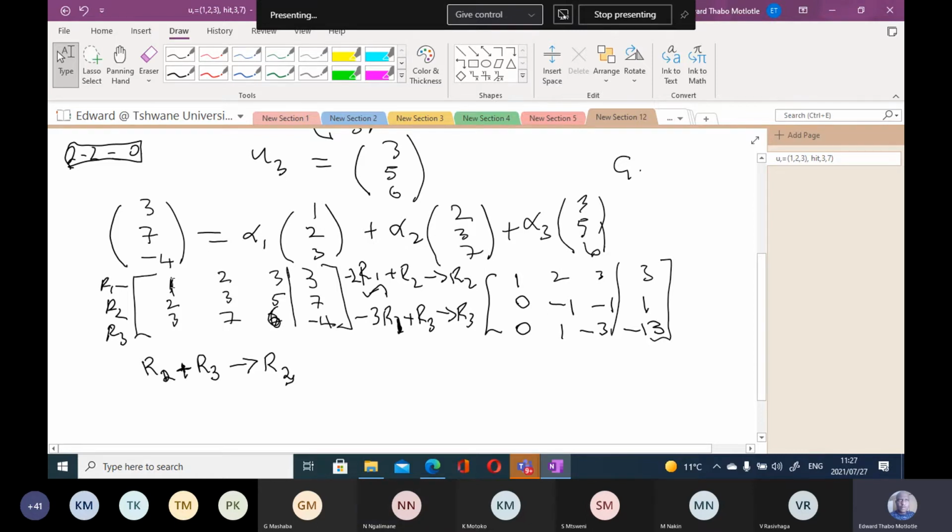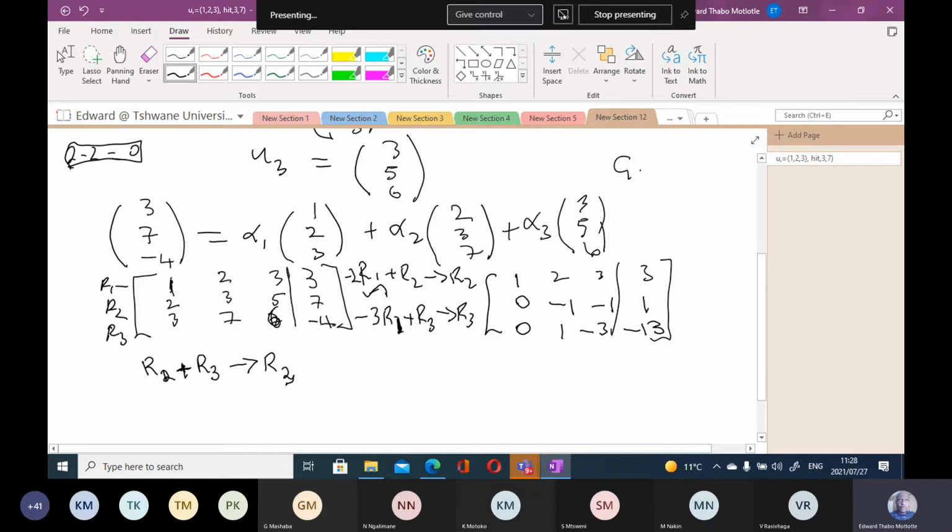You look for an equation that has a non-zero entry there, and then you substitute. Or you can take any equation that has a leading entry of 1. You might find that in some situations, like in the previous class, none of them was 1. One of them was 3, 5, and 3. If you're in that situation, you can just solve it as it is, or you can divide one equation by, let's say the leading entry is 3 here, you divide by 3.